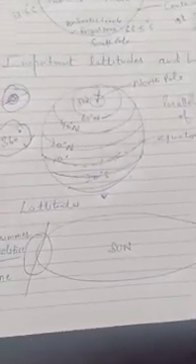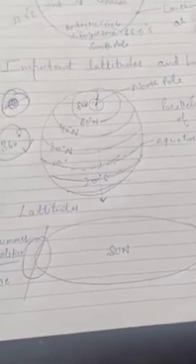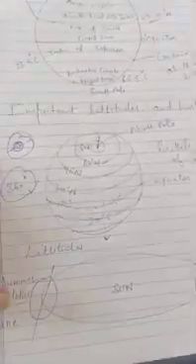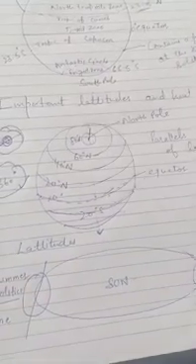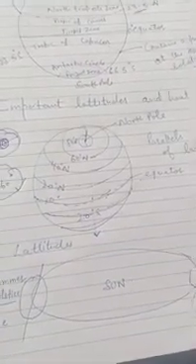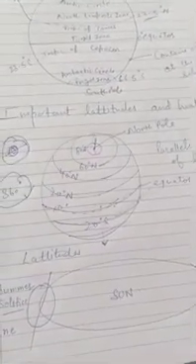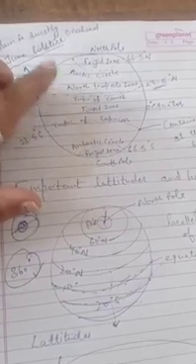Dear children, on 21st June the northern hemisphere is tilted towards the sun, and sun rays fall directly on the Tropic of Cancer.